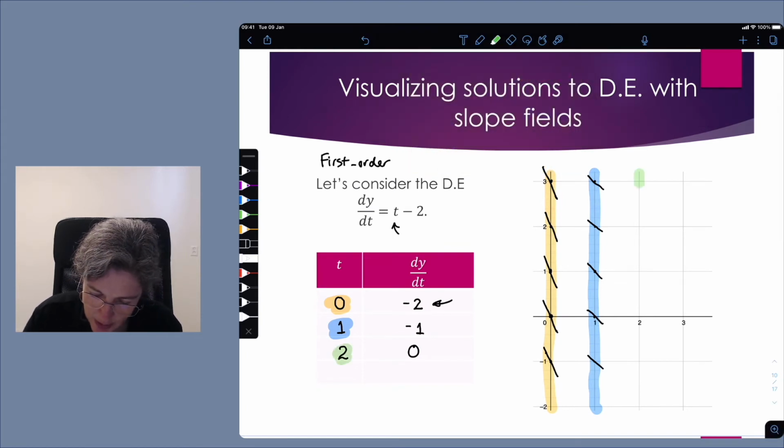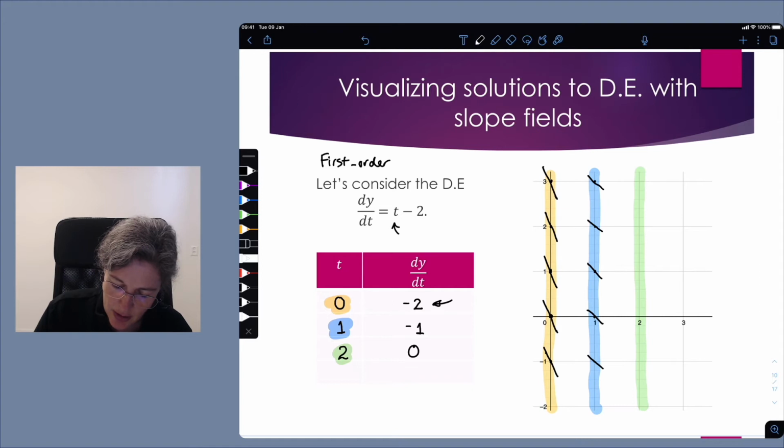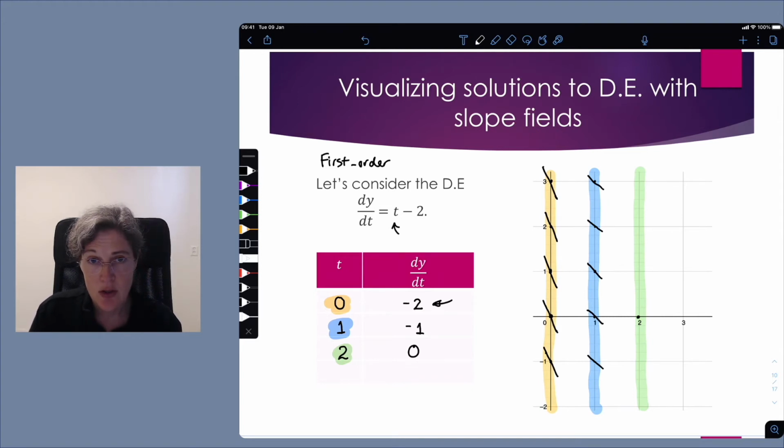Now we're thinking about y values that correspond to that vertical line. And again, if it happens that our y value is 2, then what is our tangent going to look like at that point? Well, it's going to be flat. So it's just that. And in fact, each of these will be flat.